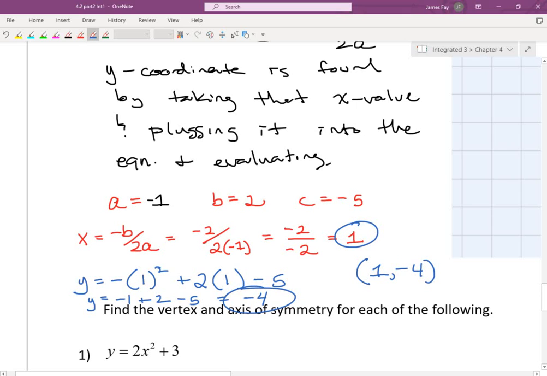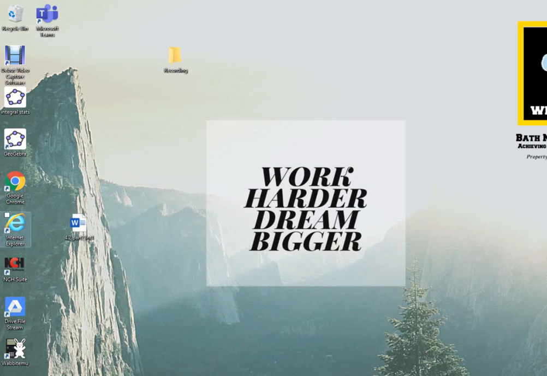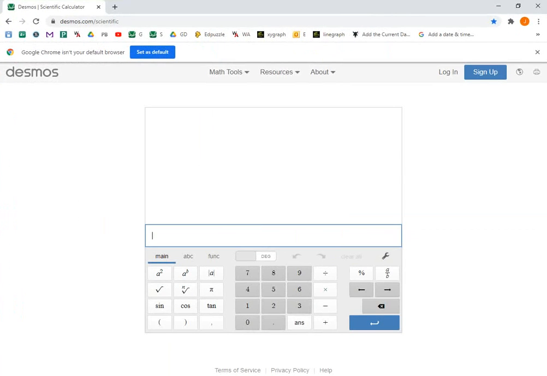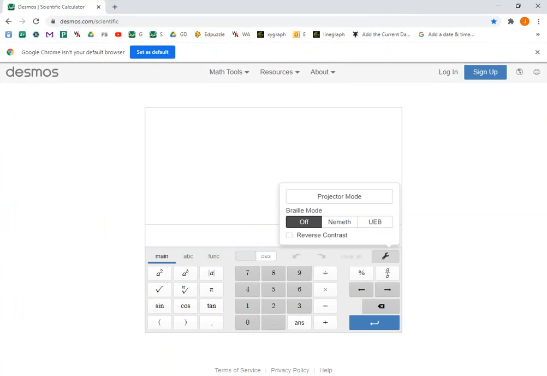Now, if you are an individual that struggles with that evaluation, which my hope is that we continually get better and better at it, we can use Desmos.